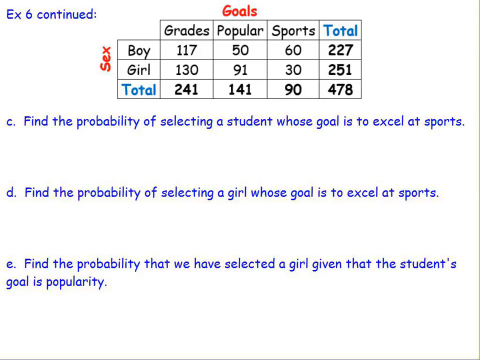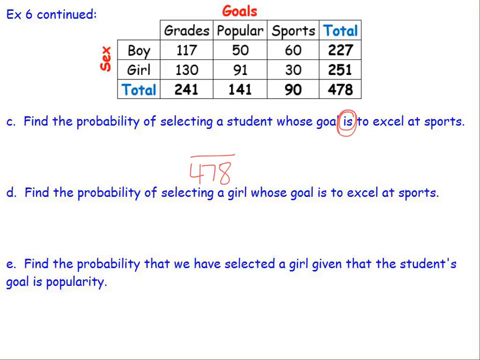Part C here is asking us to find the probability of selecting a student whose goal is to excel at sports. So there's the magic word "is." Before "is," we're just finding the probability of selecting a student. So we're still focusing on all of the students. So 478 is still the denominator. But now we're looking at students who want to excel at sports.